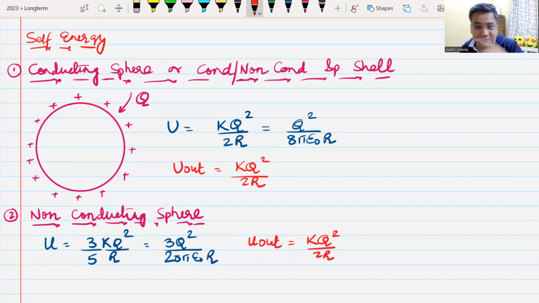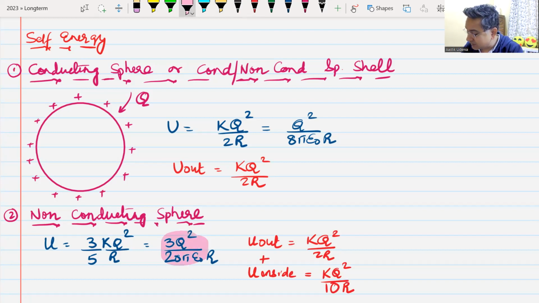If you subtract the two energies, total energy minus outside energy, you will get the energy inside. I will give you the answer for energy inside: it is kq square by 10r. If you add these two energies, you will get your total energy, which is this one.